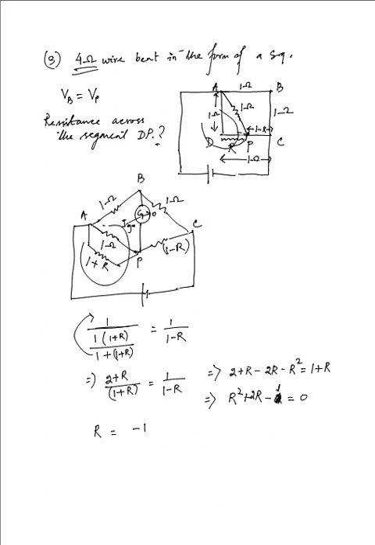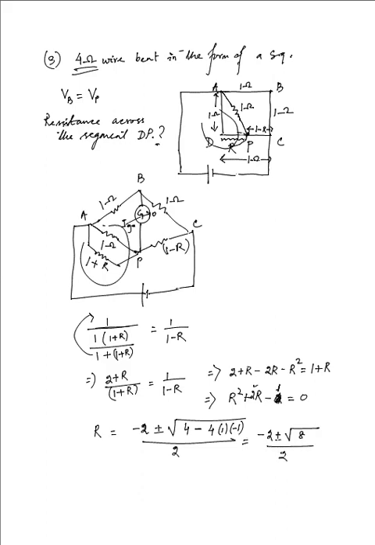And what we get over here is 1 plus minus root 8, divided by 2.